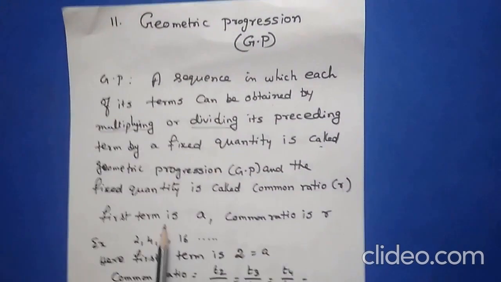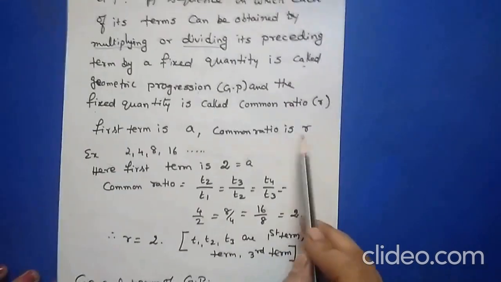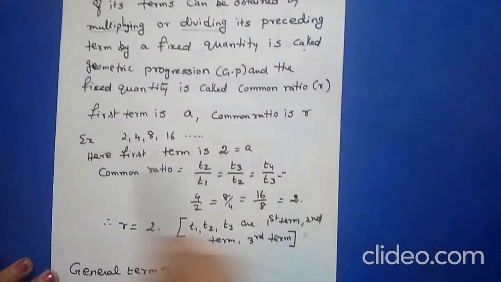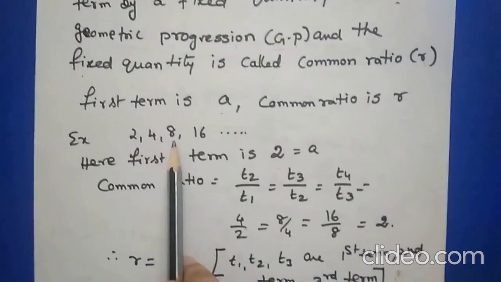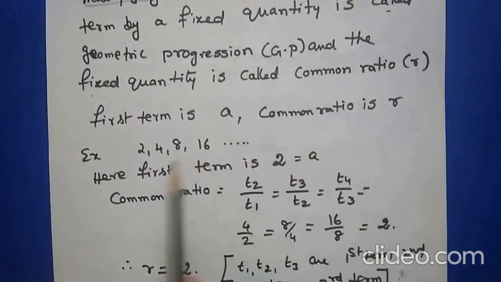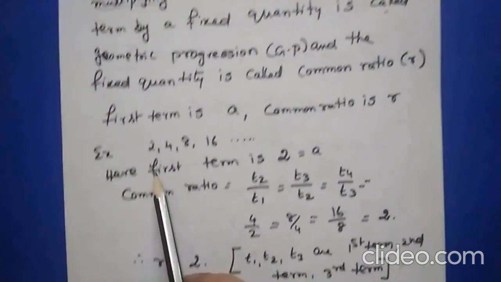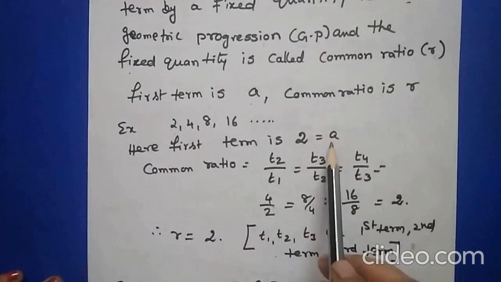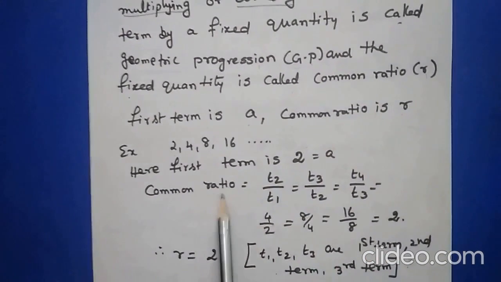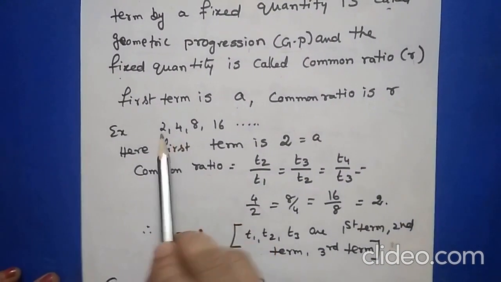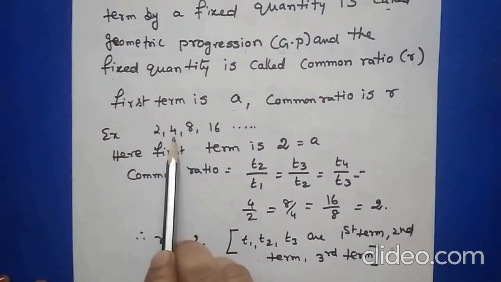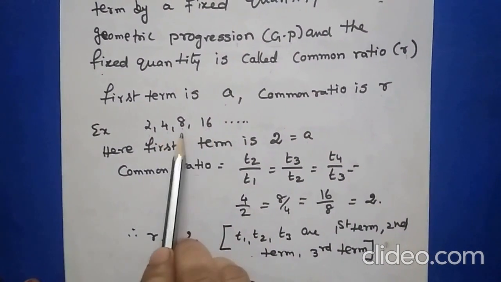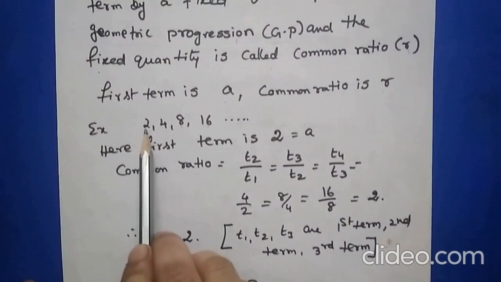Here also the first term is represented by A and the common ratio is represented by R. For example, 2, 4, 8, 16, etc. Here the first term is 2, that is represented by A. Common ratio is T2 by T1 or T3 by T2 or T4 by T3. What is T1? First term.